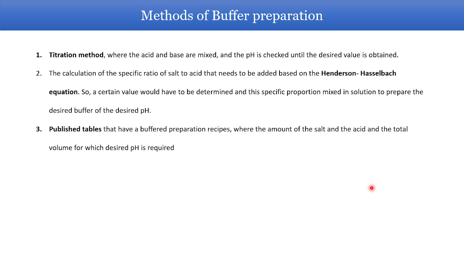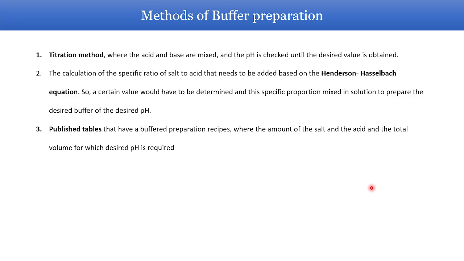Now, there are different methods for the preparation of buffers. We can directly put it in a Henderson-Hasselbalch equation. We know the pK of a particular solution, and we add only that much amount of salt to bring it to a particular concentration of the conjugate base and the amount of acid that we are adding.